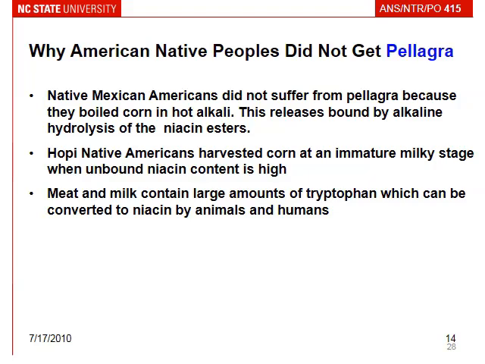So if they did have inadequate or less available niacin within their corn, they were eating adequate amounts of tryptophan from the animal products. So that's another reason why they did not get pellagra.